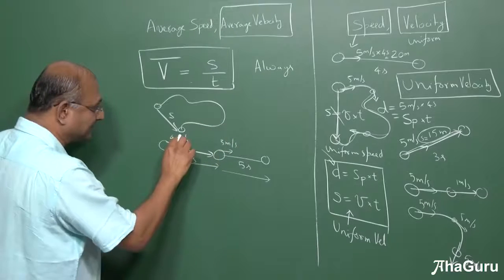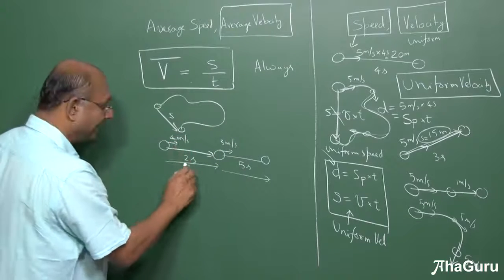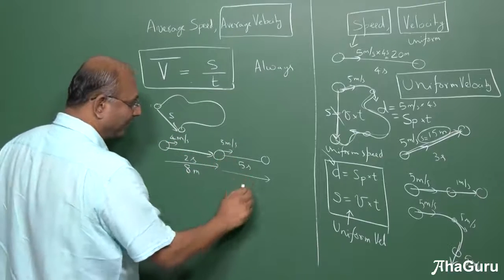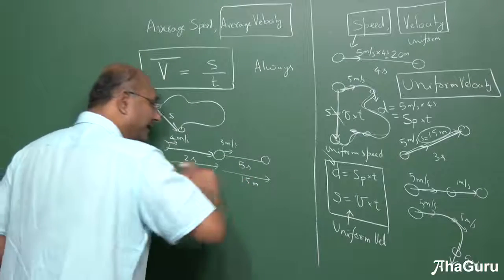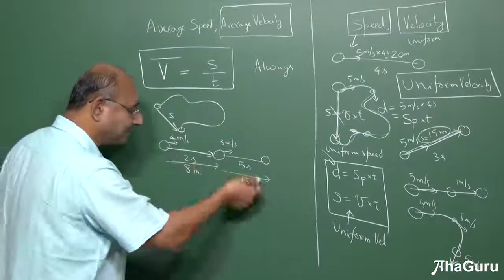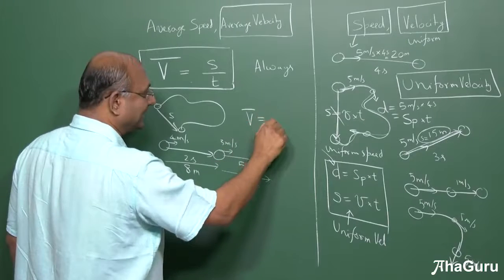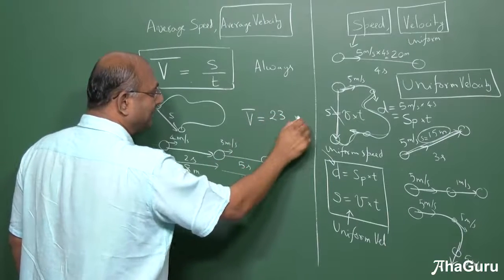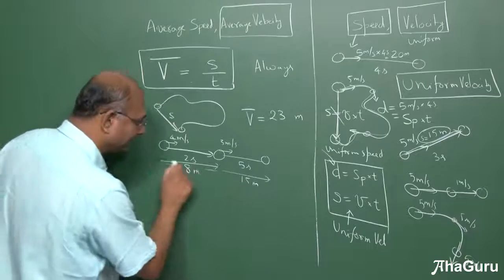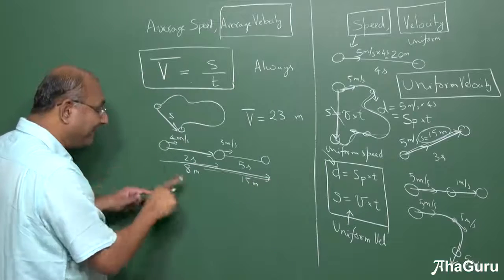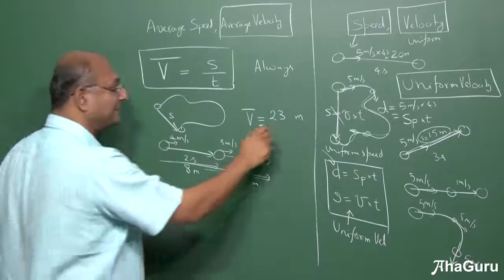So what is the average displacement? First 4 into 2, 8 meters. 3 into 5, 15 meters. What is my total displacement? 8 plus 15. How much is that? 23. So average velocity is 23 meters because my displacement is that way. Divided by total time, 7 seconds.